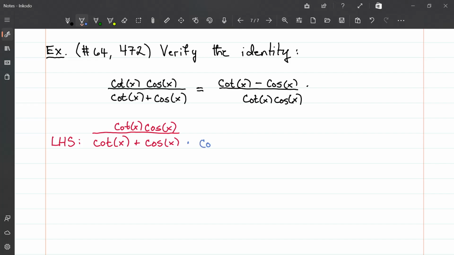I'm going to multiply by the conjugate, which would be cotangent minus cosine, which means, of course, I'm obligated to do the same to the top. Another advantage that I see working with this is that the top of the right-hand side should be cotangent minus cosine, so that gives me a clue that I'm probably doing this in the right way.